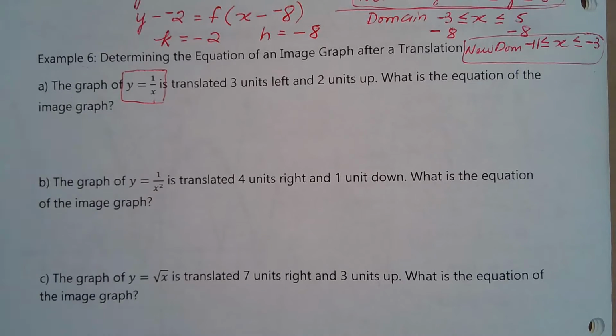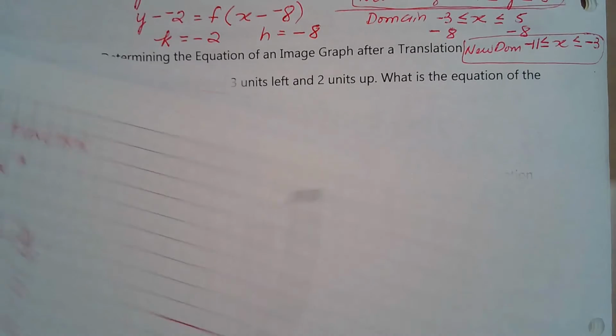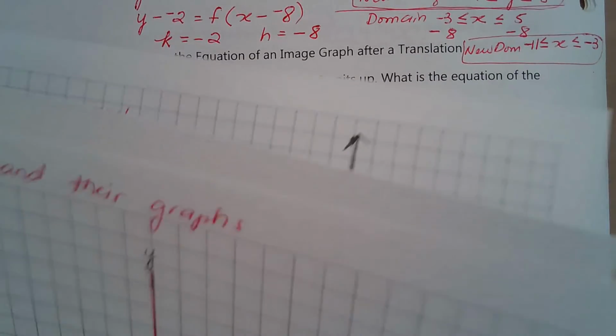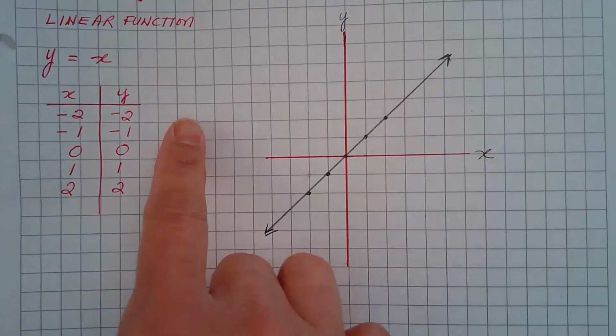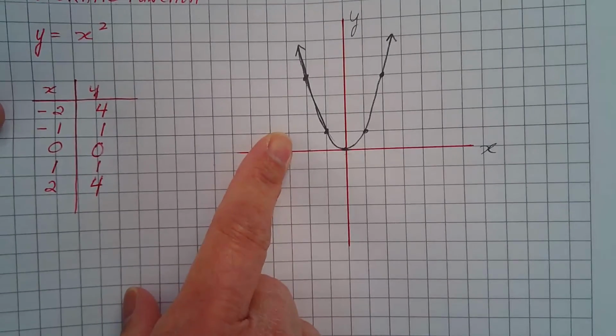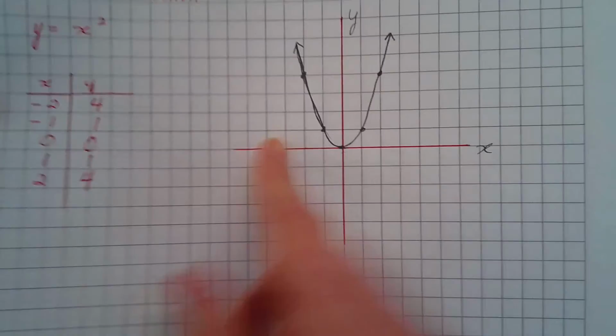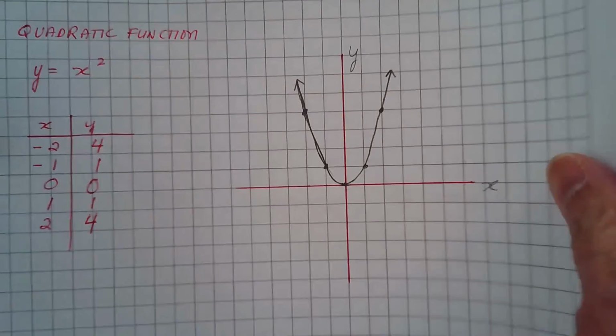Okay, so last time this is what we did. We looked at linear. What does a linear graph look like? What does a basic quadratic graph look like, right? No translations going on there.